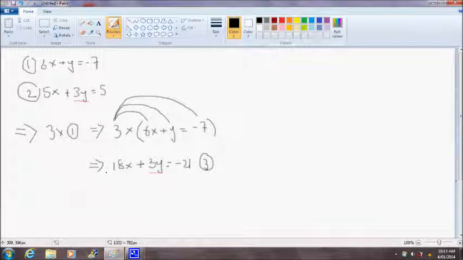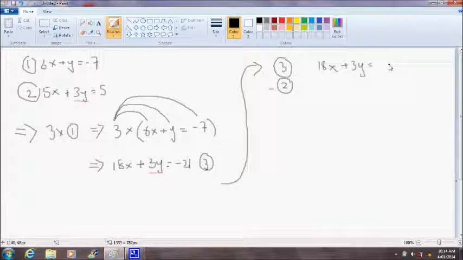So in other words, we're going to subtract equation 2 from equation 3, so basically equation 3 minus equation 2, and if we write this out, 18x plus 3y equals negative 21.